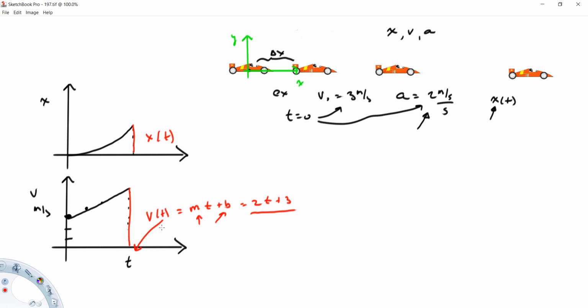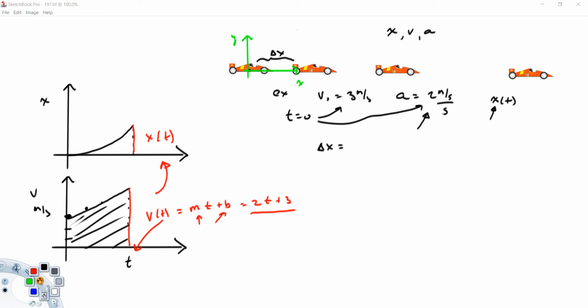Now, getting from here to here, the important concept is that delta x, the change in position of the car, is given by this area right here. The area under that velocity graph tells us the change in position.